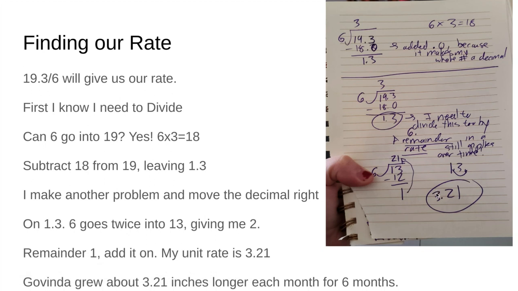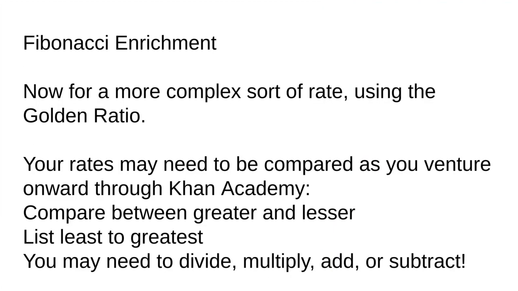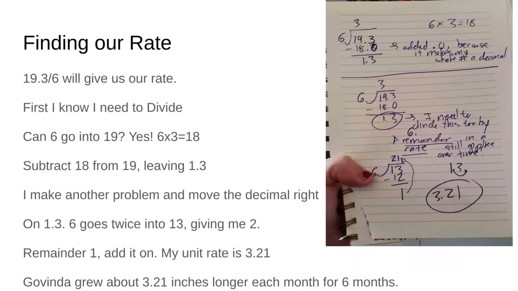So my average rate of growth is 3.2, and I make another problem to get that remaining decimal in there. So Govinda grew about 3.2 inches in length each month over 6 months. Is that a little confusing? Just keep up with dad, mom, sister, brother.